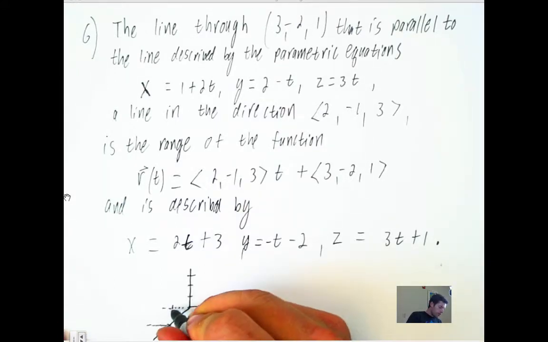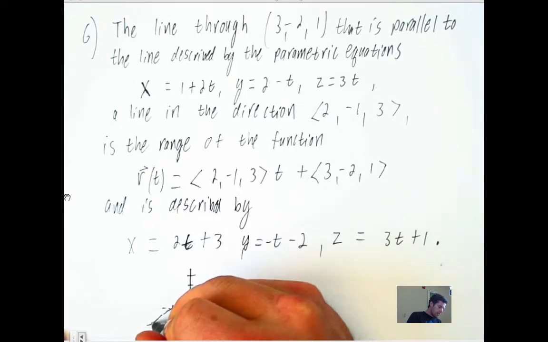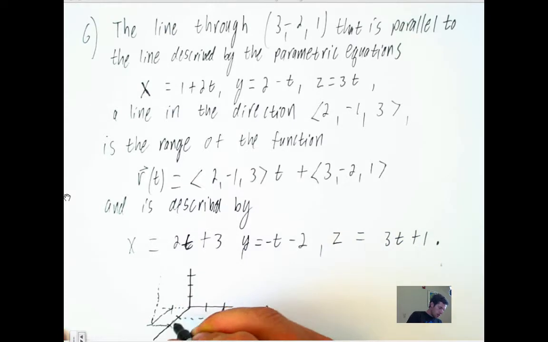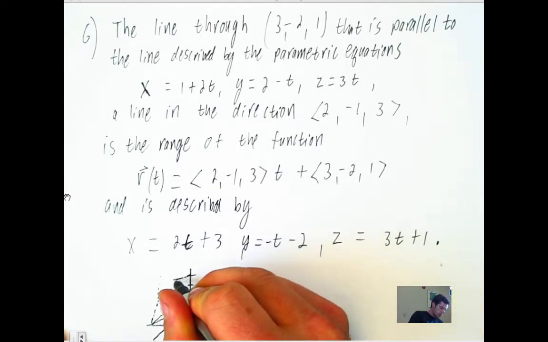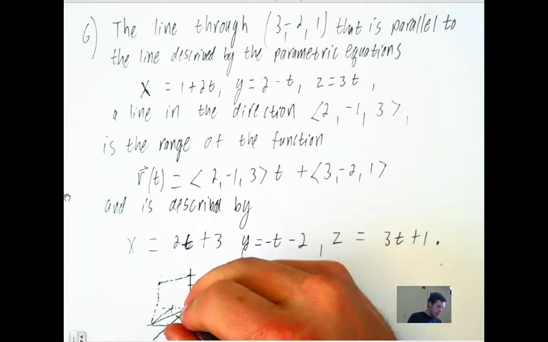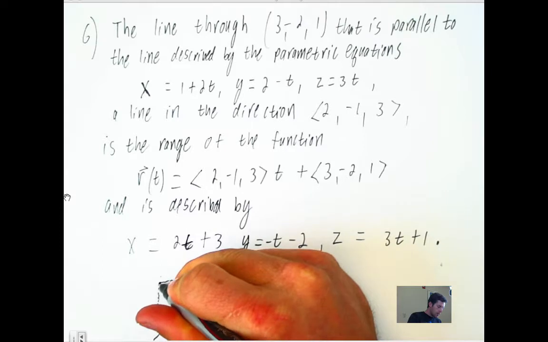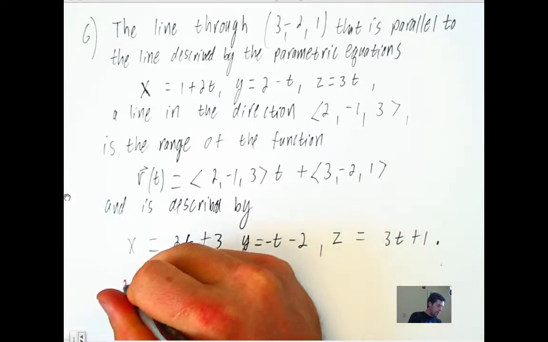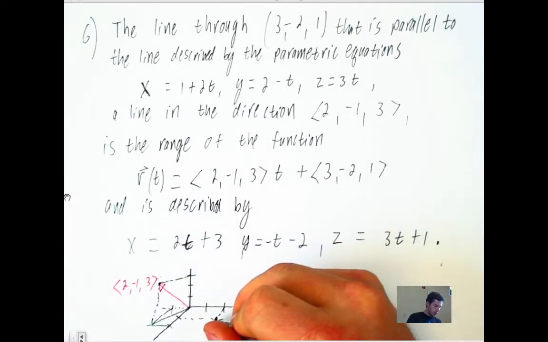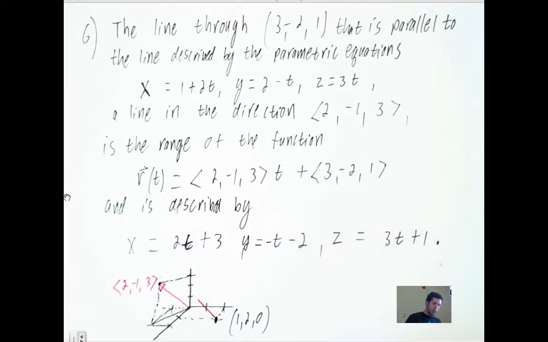Okay, I do my usual thing of drawing a collection of parallel lines. I need to draw another line parallel to this one. There we go. So 2, negative 1, 3 looks like that. And I'll draw another copy of it starting at 1, 2, 0. Make sure I get about the right length.